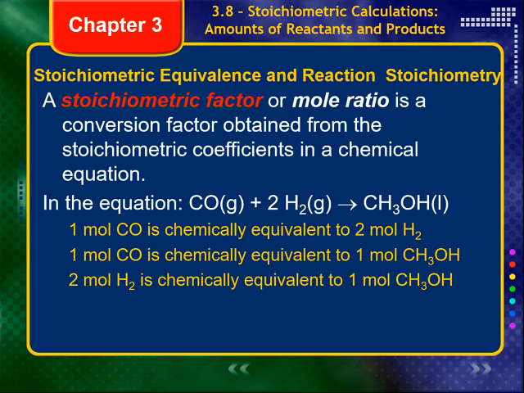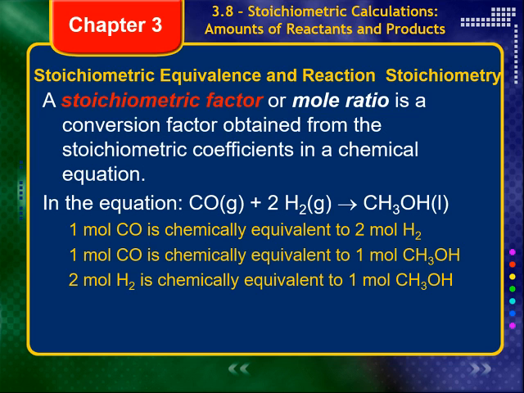Looking at this balanced equation that we have right here, we have three different relationships. We have the relationship between carbon monoxide and hydrogen gas. We have the relationship between carbon monoxide and this hydrocarbon, this is CH3OH, and then the relationship between the hydrogen gas and the CH3OH.